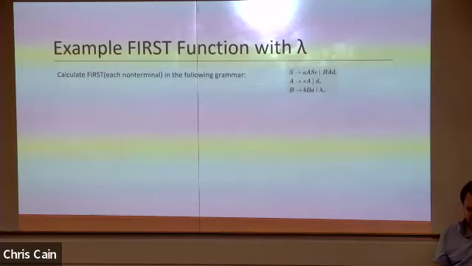What does that do if that B can derive lambda? It means we have to consider the first of capital A as part of that S arrow, because since B can derive lambda, we will actually need to consider that. Does that make sense?